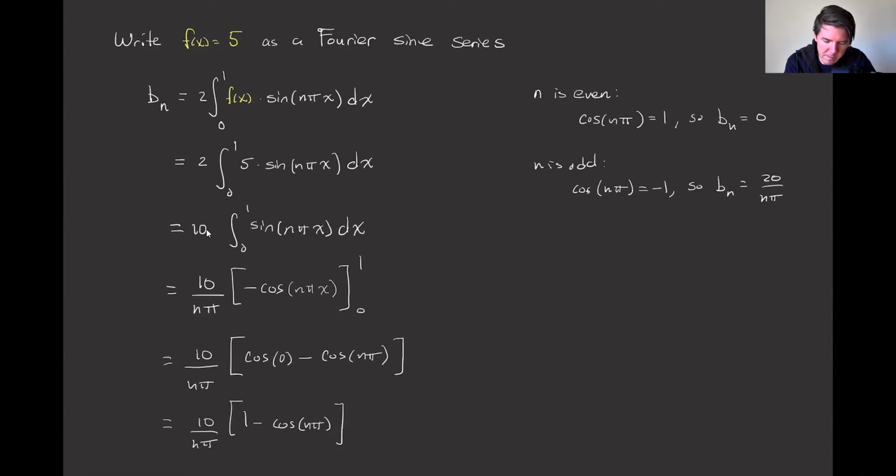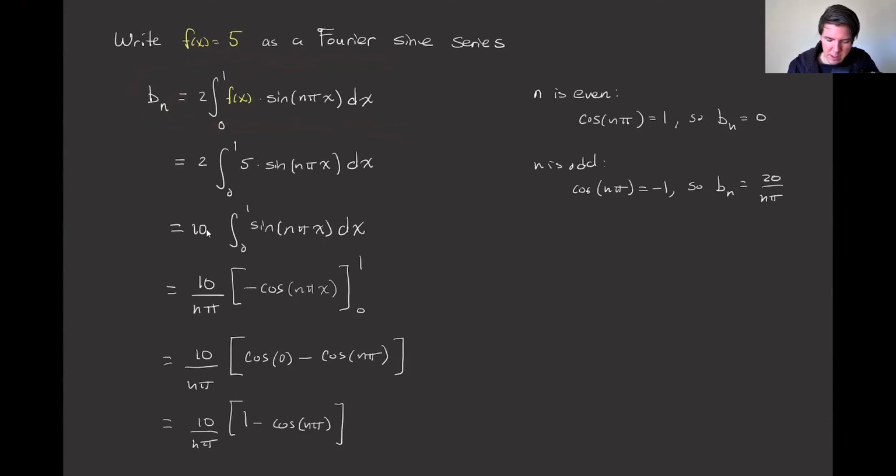So the big idea here is that we wanted to represent functions as Fourier sine series. In order to do that, we needed to find the b sub n's. To do that, we used a fact about products of sines, the integrals of products of sines on the interval 0 to 1. That gave us a formula for what the b_n's should be.